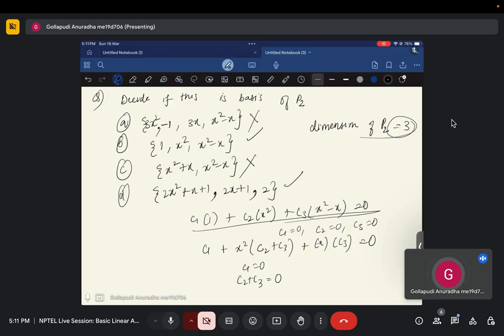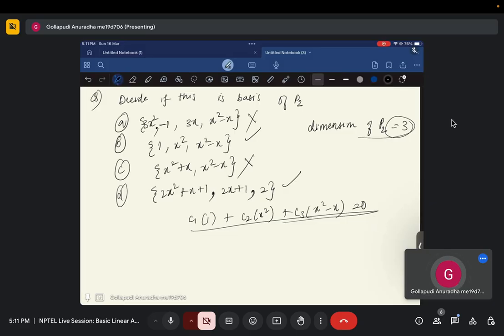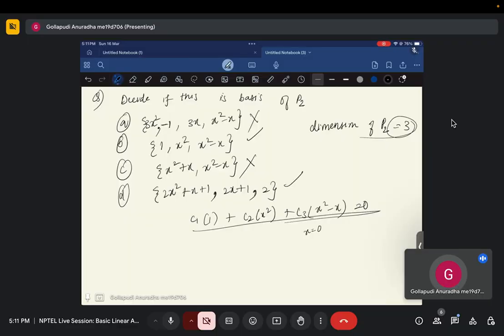Okay, so let's substitute some values and see. Suppose x is equal to 0, then C1 is going to be 0, right? And if x is equal to 1, then C1 is anyways equal to 0, and the x square minus x term also will be equal to 0.